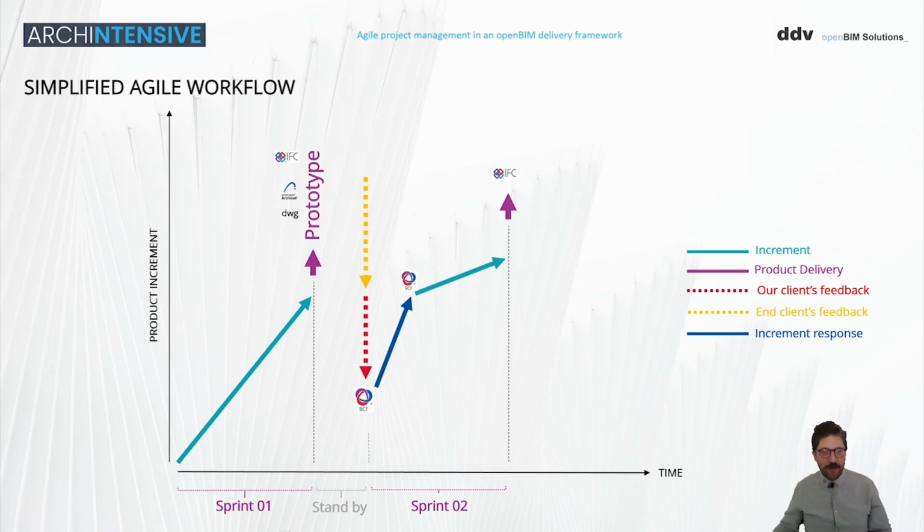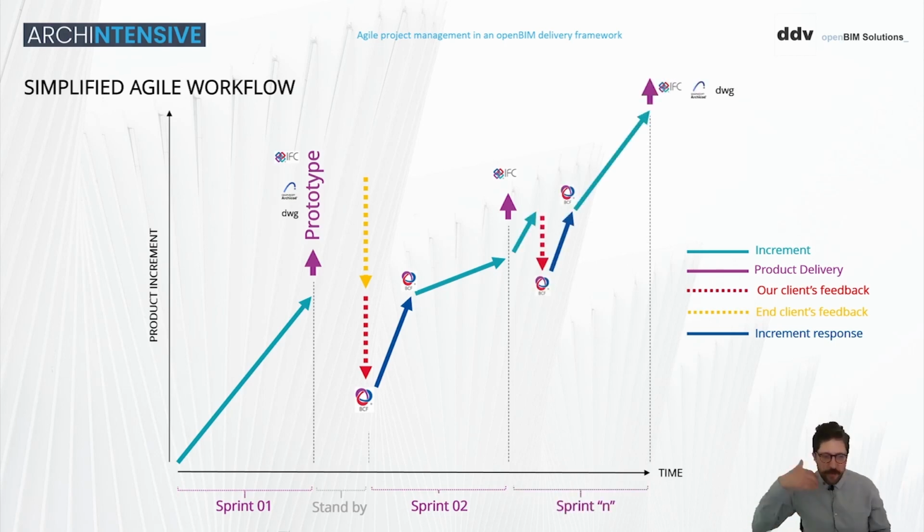So at the end of sprint number 2, we are delivering an IFC as well, or a bunch of them, because we are usually federating models too, because the client requires MEP, structure, landscaping, and also architecture. And then we can start with the third and further sprints.